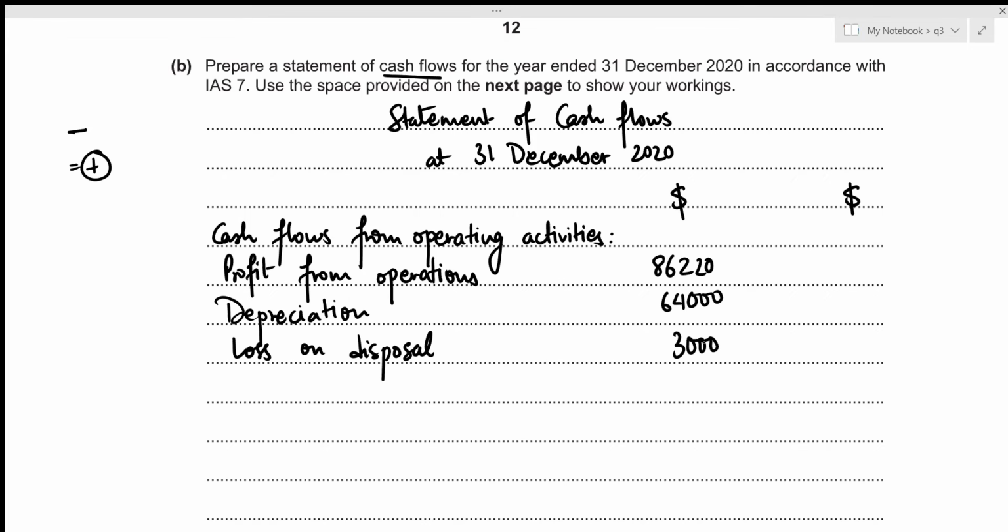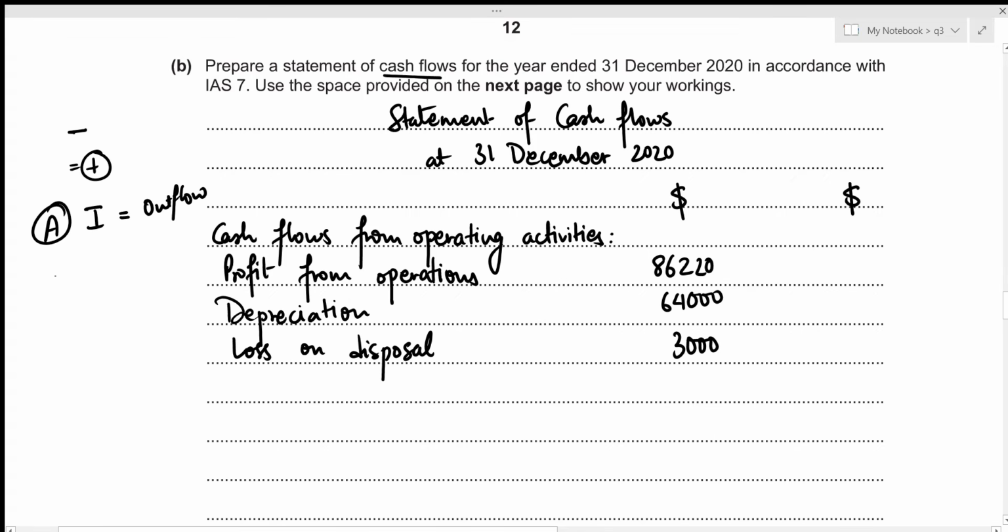Now, the second step would be to compare all of our assets and liabilities, not all of them, but current liabilities and current assets with that of the previous year in order to figure out whether there was an increment or decrement in those values. And remember, if we are talking about assets, the increment is cash outflow. So I'm just going to explain it through an example.